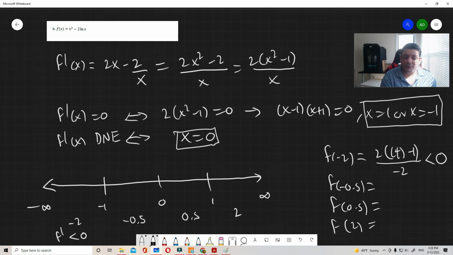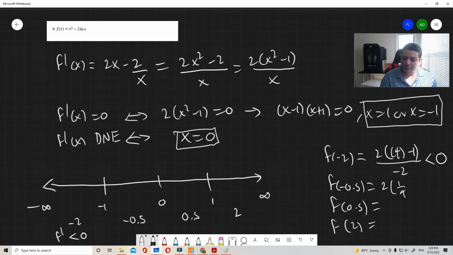And just remember, since we're finding the zeros and we're finding the places where it doesn't exist, then we can consider that this whole area is going to be negative since we don't have a transition point. We don't have another 0. Okay? We're using the transition points as the intervals that we pick to know where the function is increasing or decreasing.